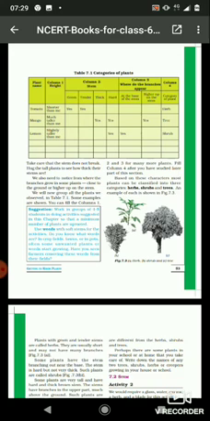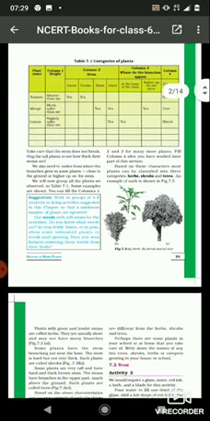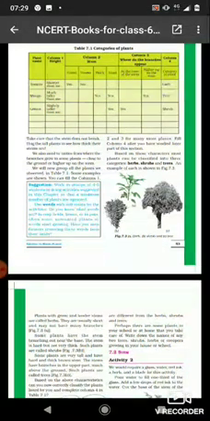Then in figure B we have a plant which has a little bit hard stem and too many leaves. So this is a shrub. And then we have a taller tree with many branches which are grown at the upper part of the plant. So this is a tree, which is in picture C.